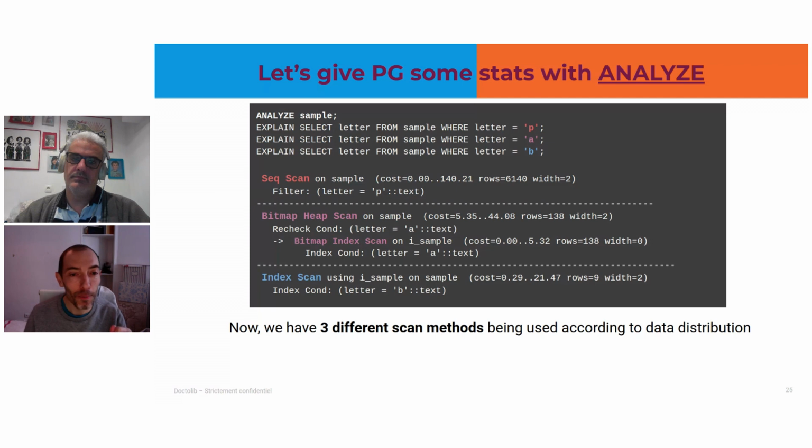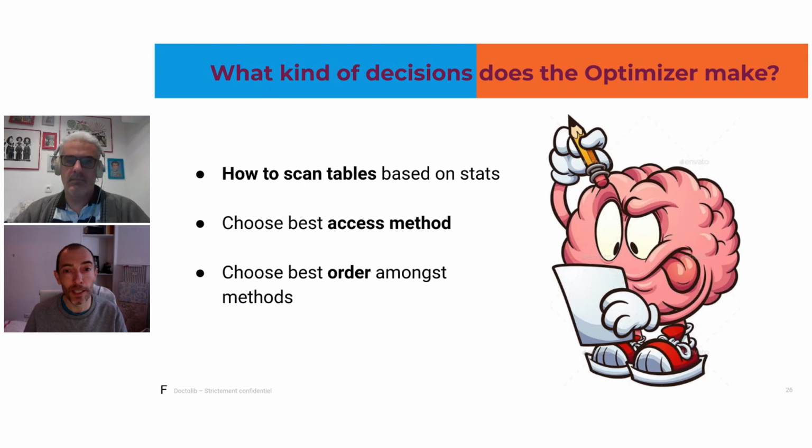The B, because there are only 9 rows returned, will be an index scan. And because of the 138 to be returned for the A search, then Postgres decides to use a bitmap index scan. Okay, so this is showing you how the optimizer is actually working.